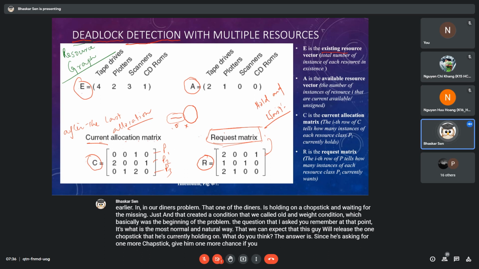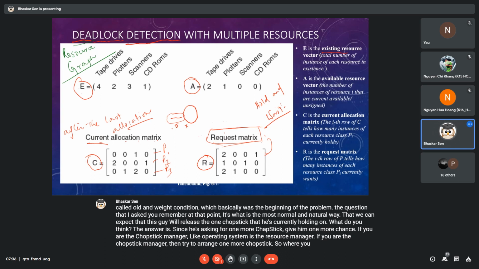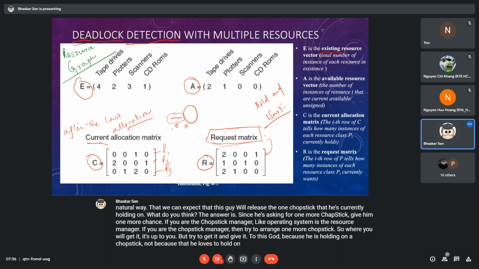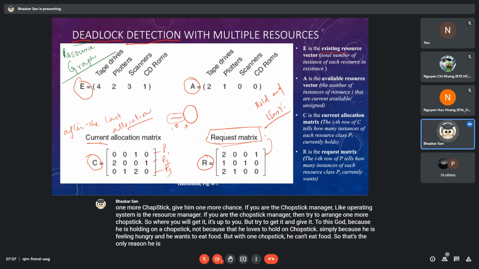If you are the chopstick manager, like the operating system is the resource manager, then try to arrange one more chopstick. Where you will get it is up to you, but try to get it and give it to this guy, because he is holding on to a chopstick not because he loves to hold it, simply because he is hungry and wants to eat food. But with one chopstick, he can't eat. That's the only reason he is holding on to the chopstick.